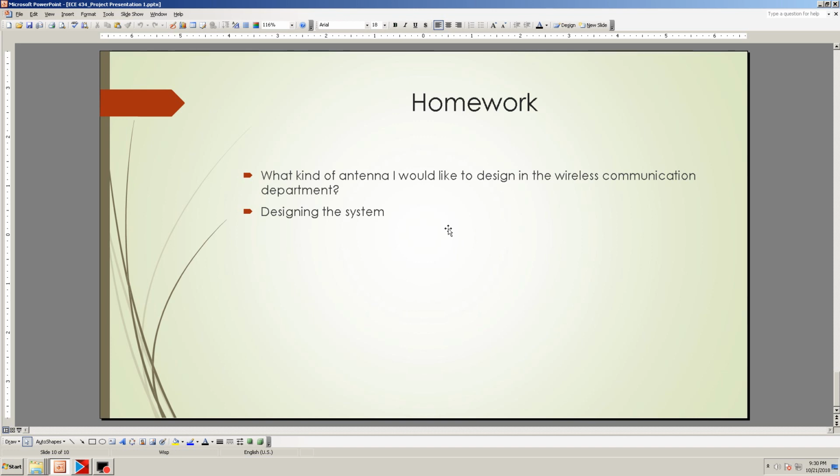And then the next thing I've got to figure out is designing the system, because for the final project, as I've already mentioned, I will be able to show my schematics and also show the results such as the voltage, the current, etc., to show how the system will operate under certain variables such as time and frequency.